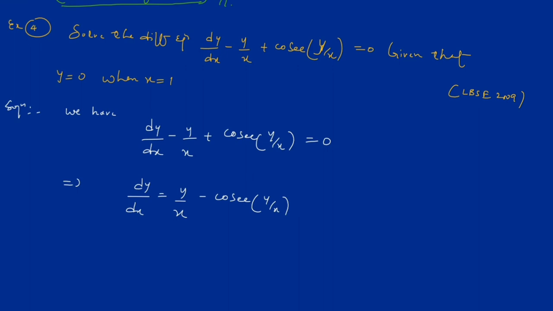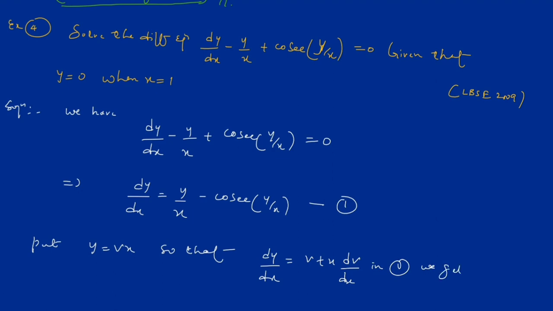Take it as equation 1. Now it is in the standard form, right? So now put y equals v of x, so that dy upon dx equals v plus x dv upon dx in 1.